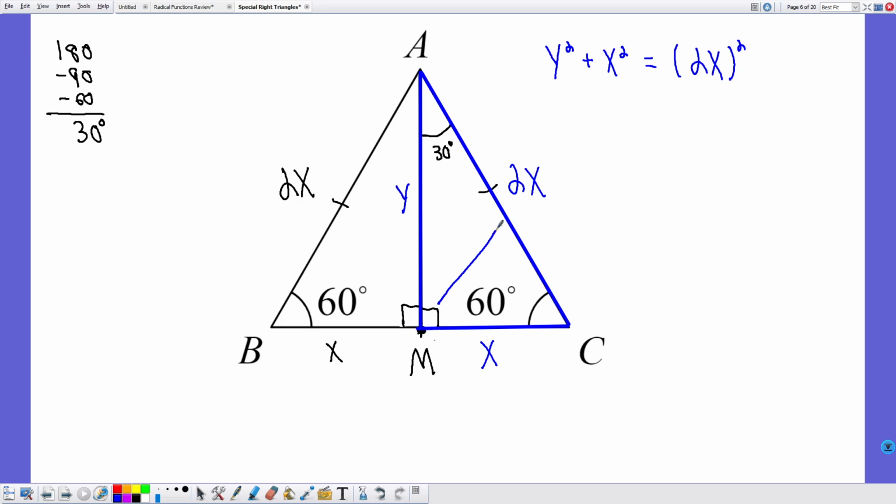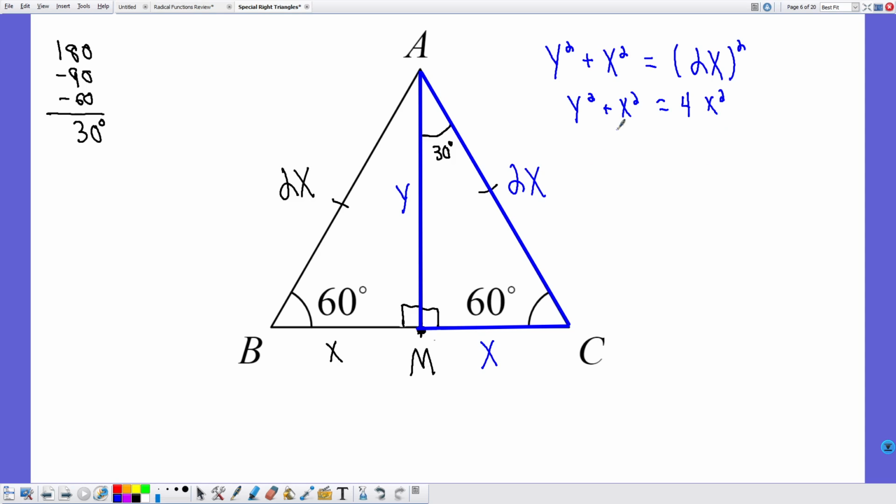Since again, 2x is the side opposite to my right angle, so it must be the hypotenuse. And let's see if we can simplify this out. So (2x) squared, 2x times 2x, well, 2 times 2 is 4, and x times x is x squared. And then we still have our y squared plus x squared.